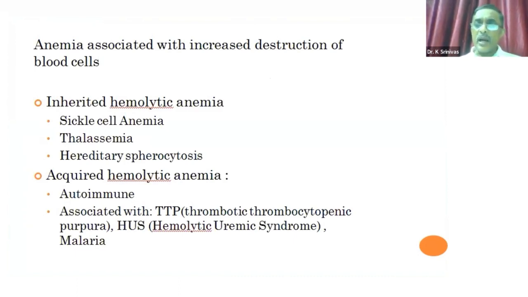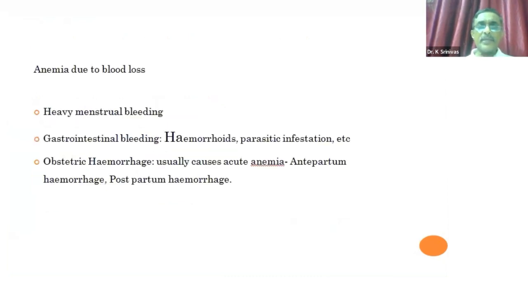Acquired ones are autoimmune acquired hemolytic anemia, sometimes hemolytic anemia associated with thrombotic thrombocytopenic purpura, hemolytic uremic syndrome, and chronic infections which cause hemolysis, right? And even hemolysis caused by malaria, all these things are acquired hemolytic anemias.